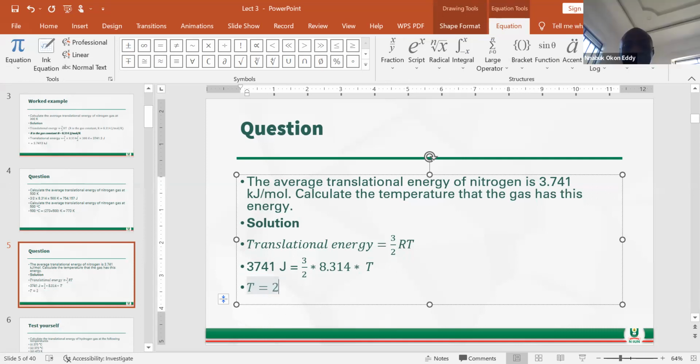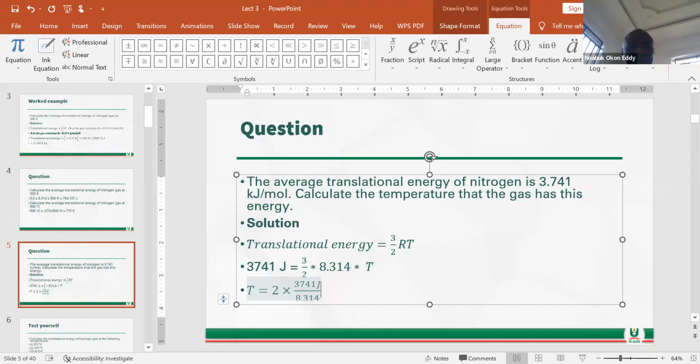Your T will be 2 times 3741 in joule divided by 8.314 joule per Kelvin.